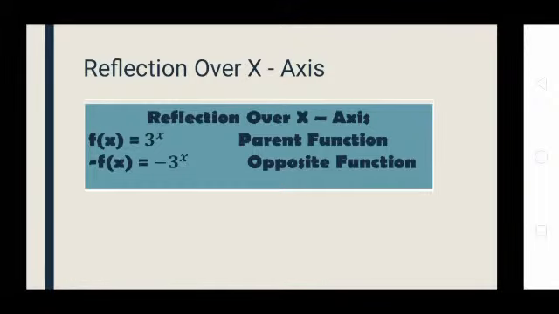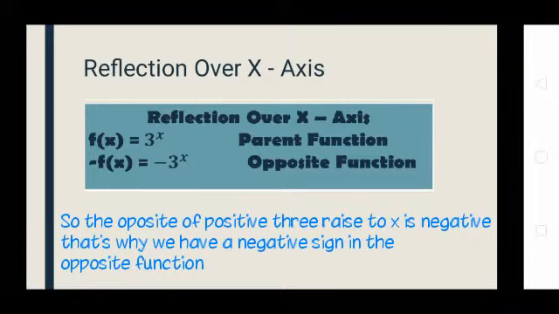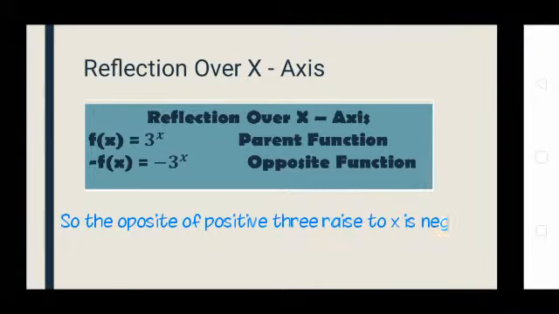So having a function f of x is equal to 3 raised to x, it will be our parent function. And its opposite is negative f of x is equal to negative 3 raised to x. So the opposite of positive 3 raised to x is negative. That's why we have a negative sign in the opposite function.